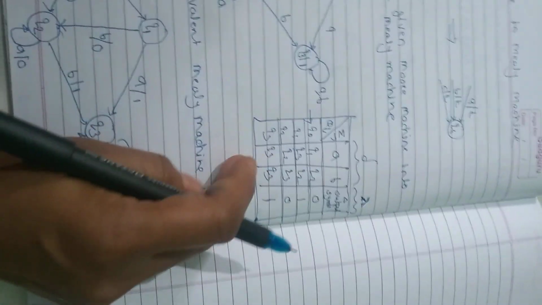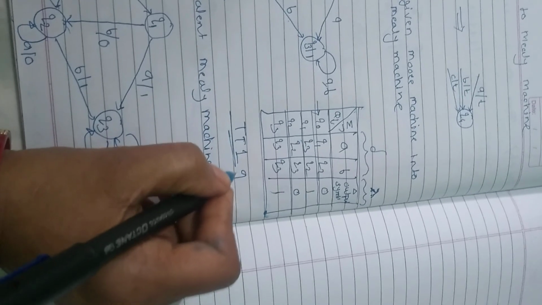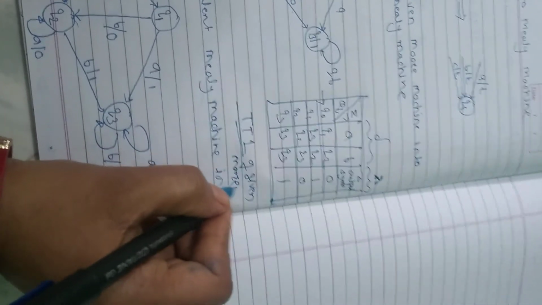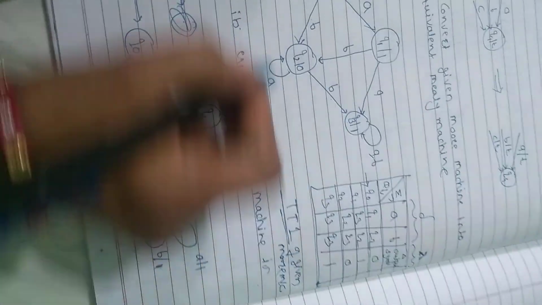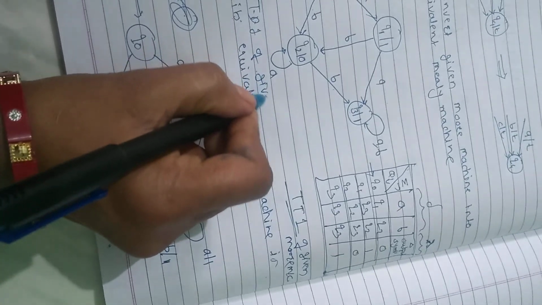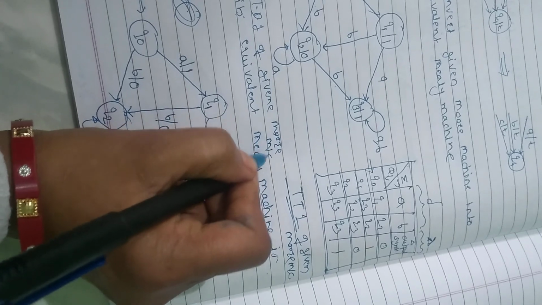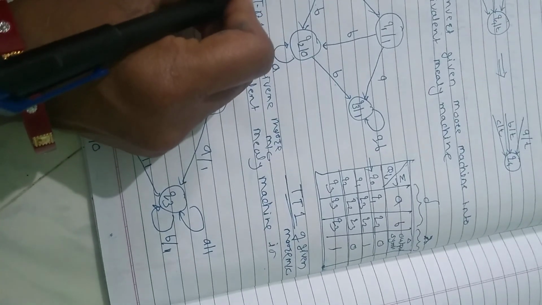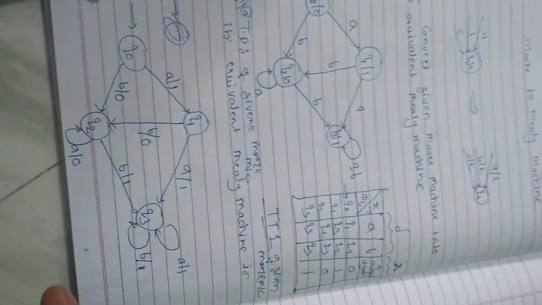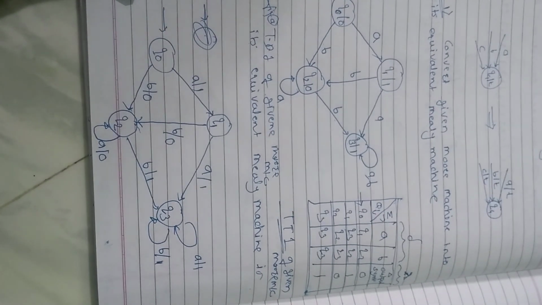So this is the transition table of the given Moore machine, and this is the transition diagram of the given Moore machine. In this way we can convert the given Moore machine into an equivalent Mealy machine. Thank you all.